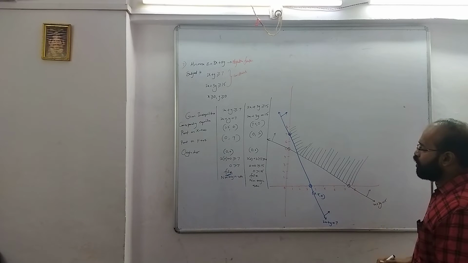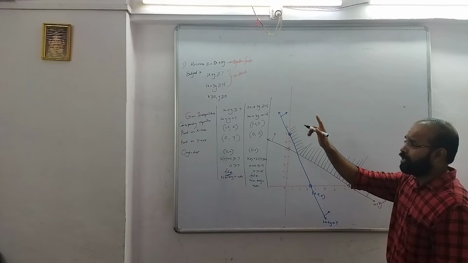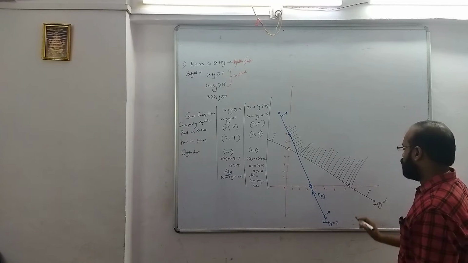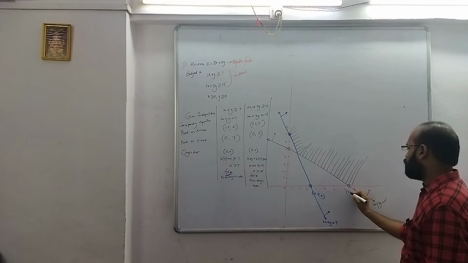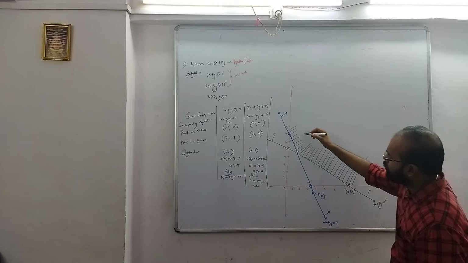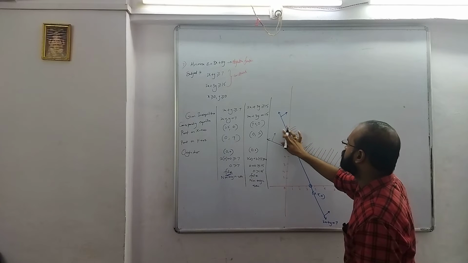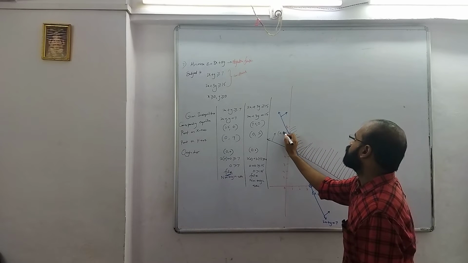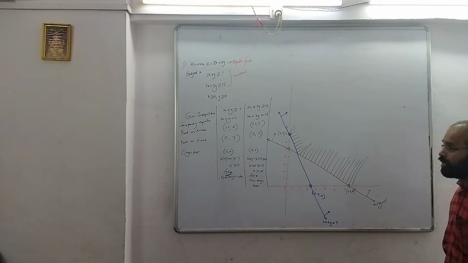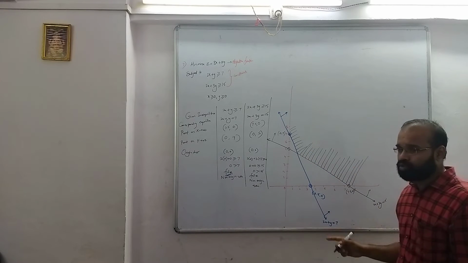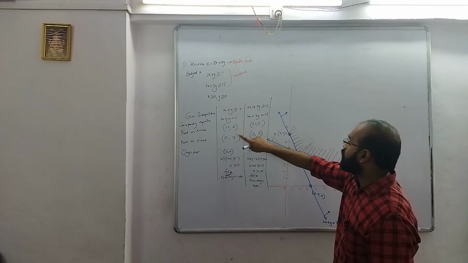Okay. Now, if I want to find the corner points, let's see how to get that minimized part. I know this corner point is 7.5, comma 0. I know this point, that is 0, comma 7. But I have no idea about this point. This point I can get by using the graph also, or I can solve them simultaneously. So I will solve them simultaneously.